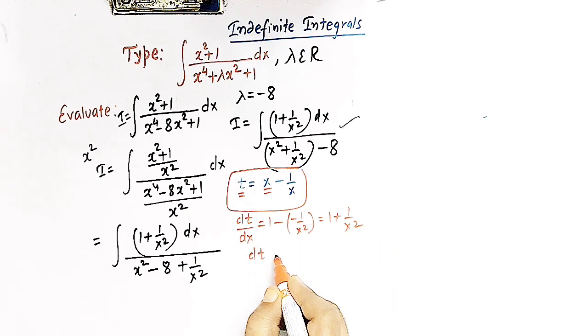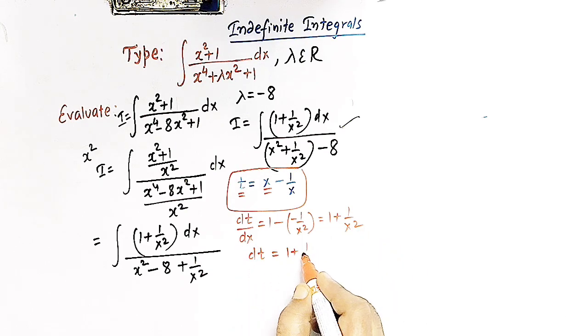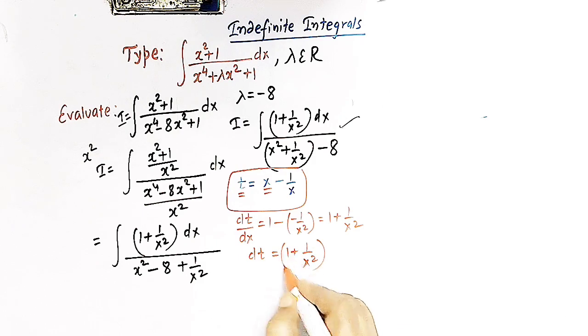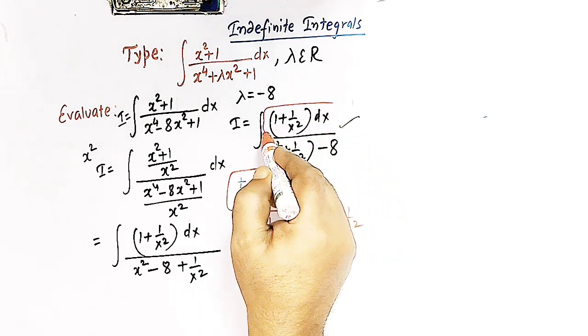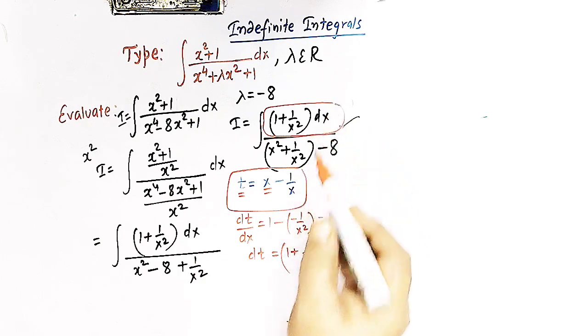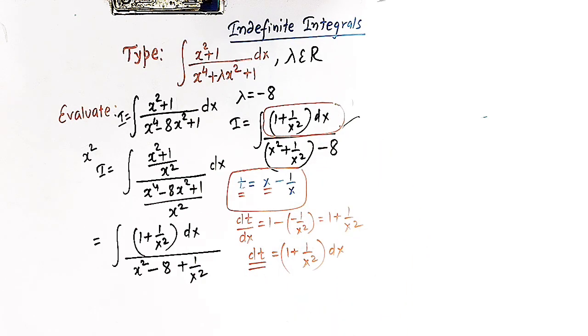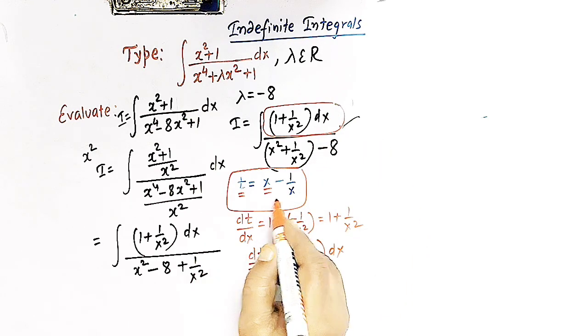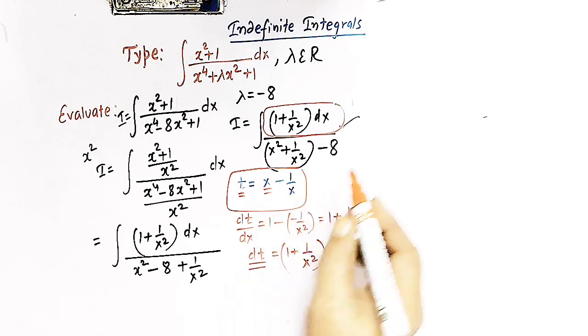So dt can be written as (1 plus 1 over x square) dx, and we can replace this quantity with dt. So this is the appropriate substitution here.